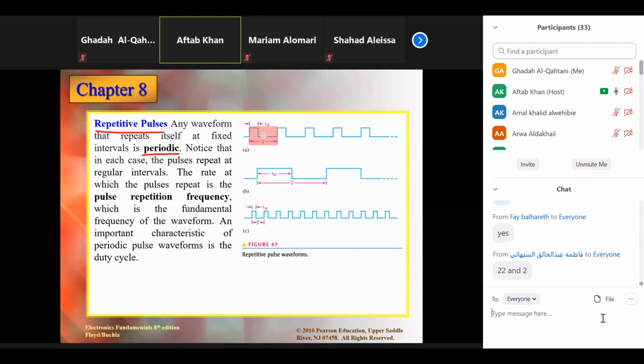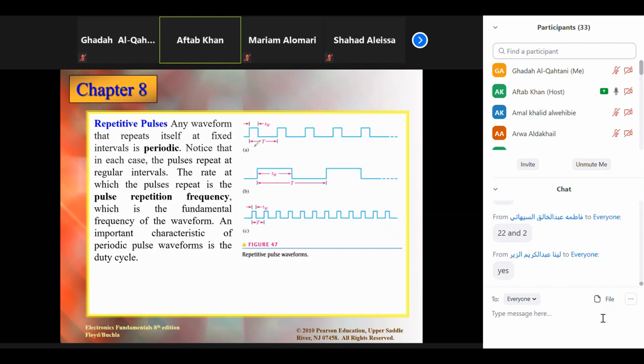It keeps repeating every T, capital T. Here to here it is repeating again, then again and again. So these are repetitive pulses. Same for the next one: from here to here is the time period, and it keeps on repeating. These are different examples of repetitive pulses.